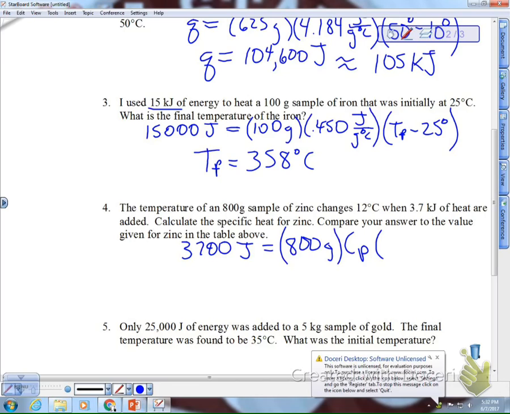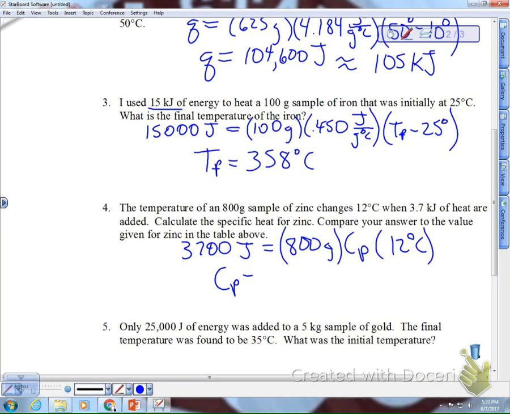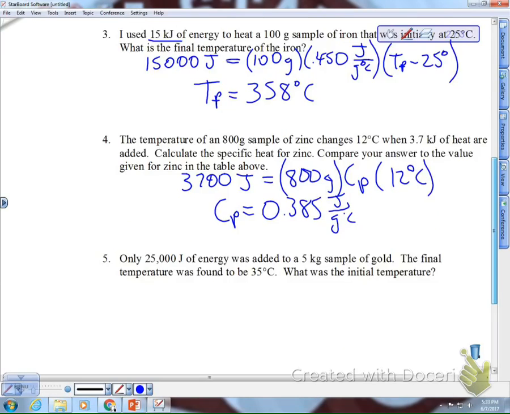And the delta T here, it says zinc changes 12 degrees Celsius, so that's all we need to plug in. Simple algebra here, specific heat comes out to be 0.385 joules per gram degrees Celsius. I think the table has 0.387, so we're really close. If you get it that close in the lab, you should be pretty proud of that, because that is an extremely small error.